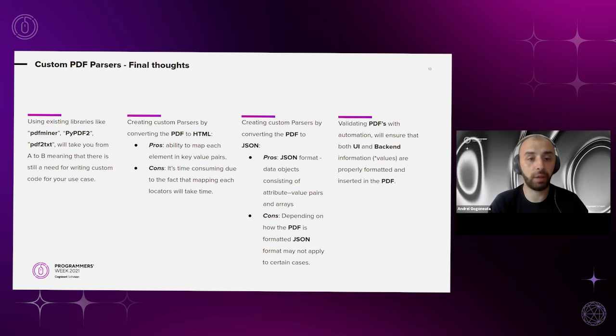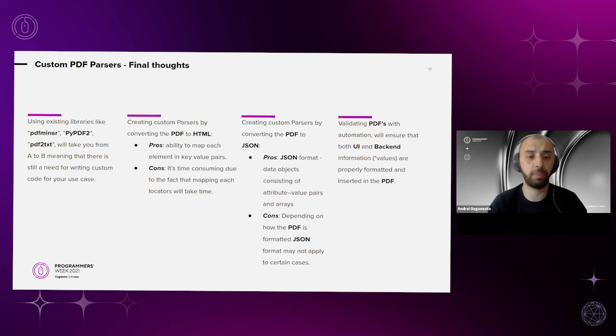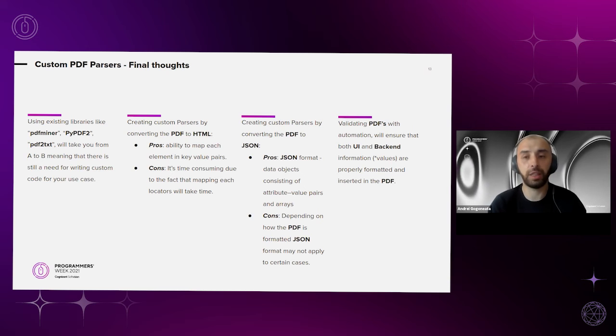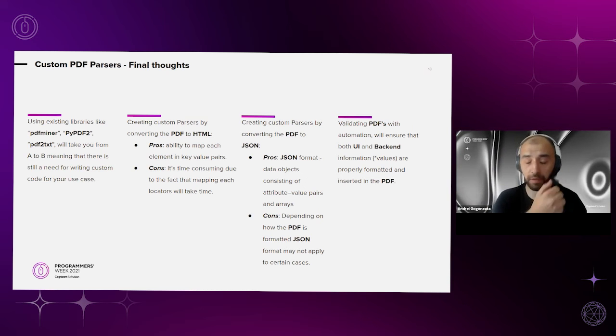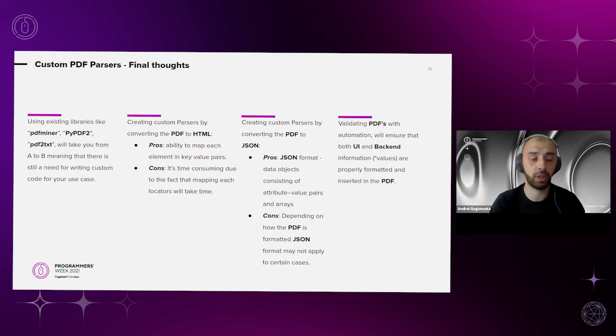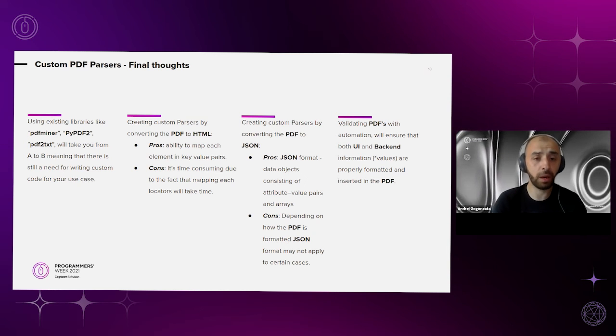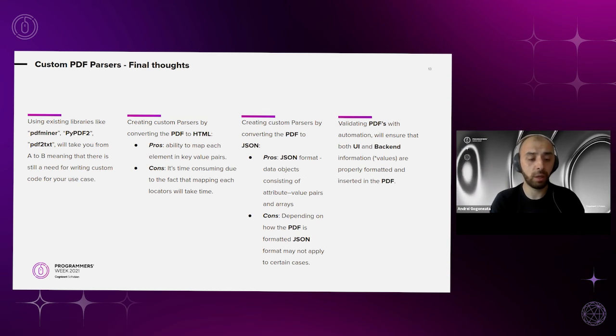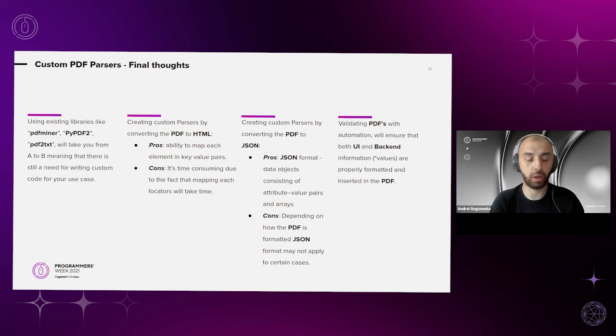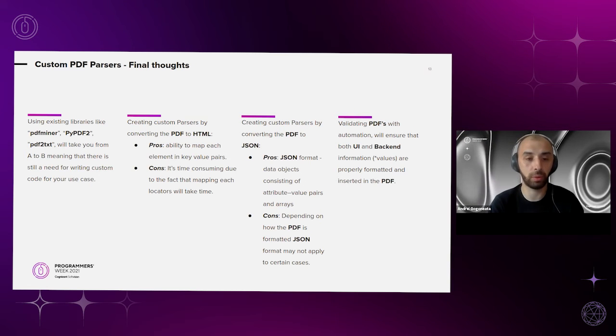So first of all, if you use libraries like PDFMiner, PyPDF2, pdftotext, they will take you from A to B, meaning that even if you use certain information and certain methods from those libraries, they will not fully solve your problem related to your certain type of PDF.